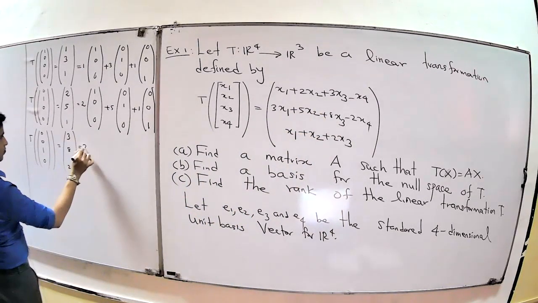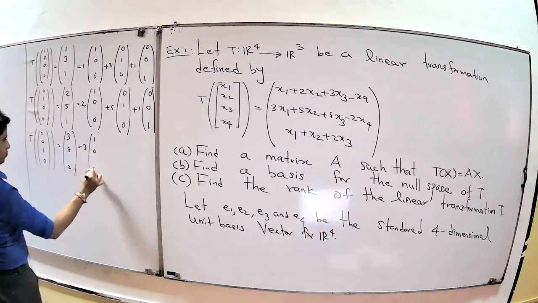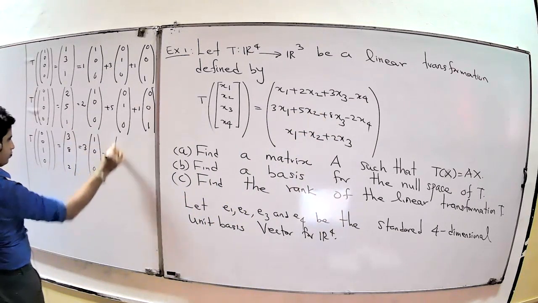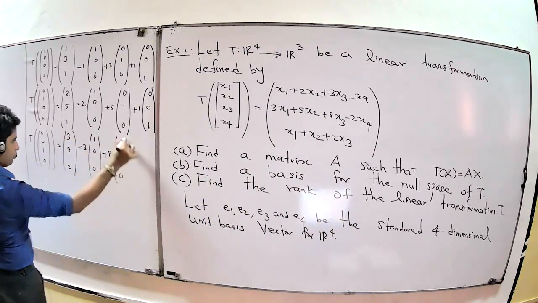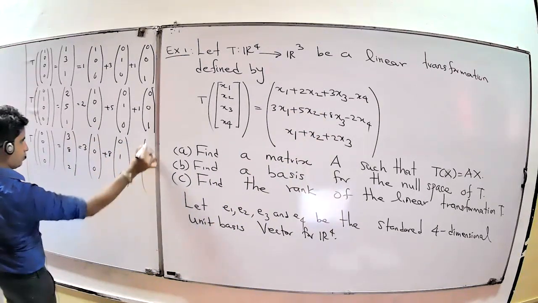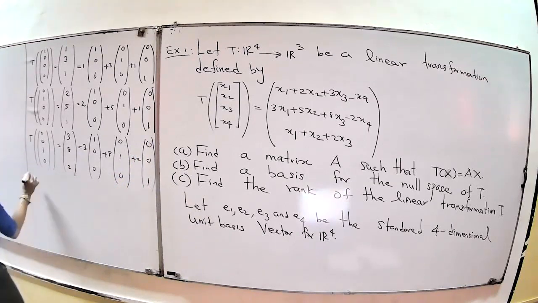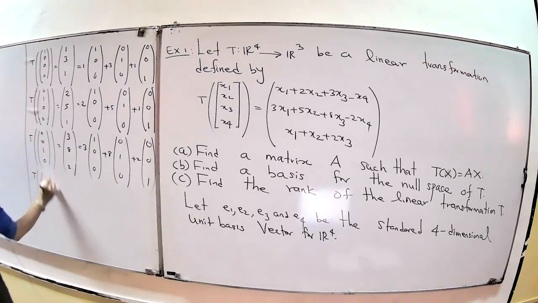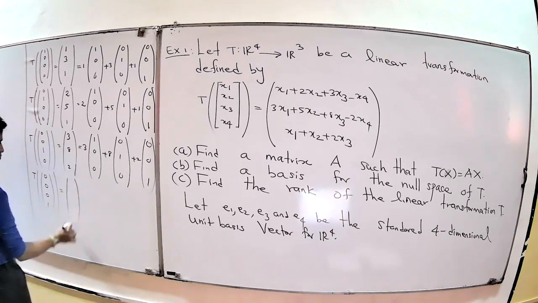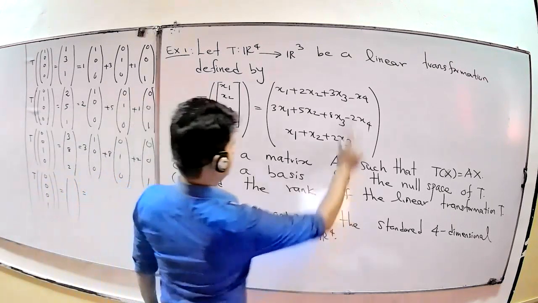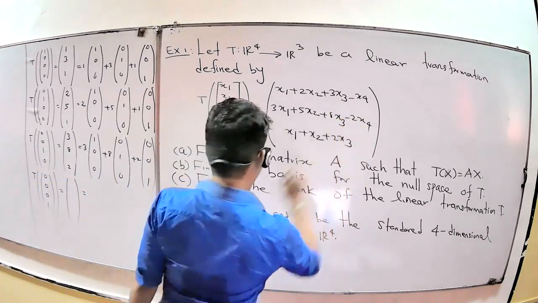Then you can write 3 times 1 0 0, 8 times 0 1 0, 2 times 0 0 1. Next, 0 0 0 1. For this case only x4 is 1. Here the x4 terms give -1, -2, 0.